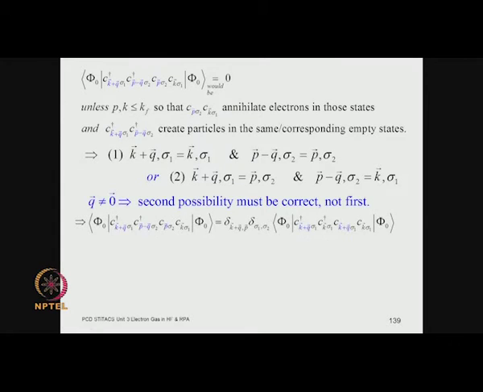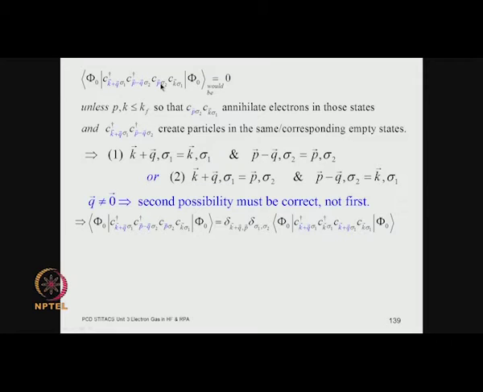Now, the second possibility being correct, you have k plus Q, sigma 1, and the second operator is C dagger p minus Q, sigma 2, and p minus Q, sigma 2 is the same as k, sigma 1. So, this operator C dagger p minus Q is replaced by C dagger k, sigma 1. This is Cp, sigma 2.